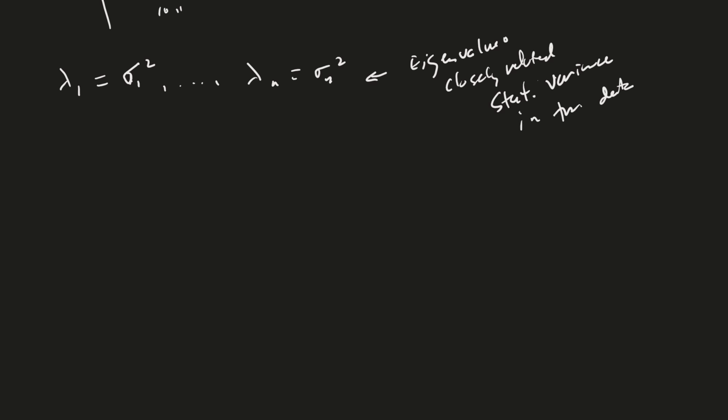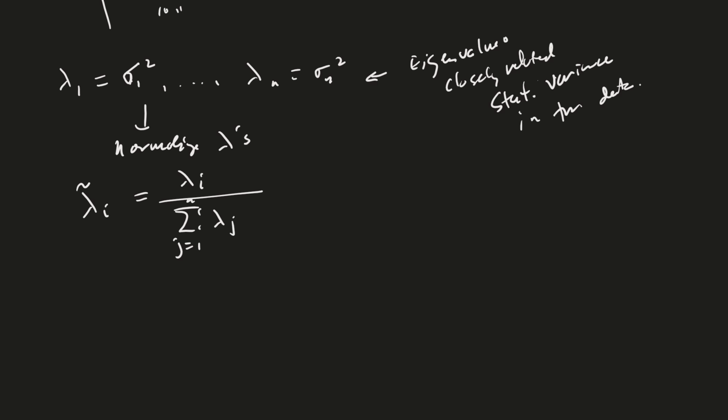All right, so we're going to work with the lambdas instead. And what people will typically do is normalize the lambdas. Let's say lambda i tilde is equal to lambda i divided by the sum, j equals 1 to n, of all the lambdas.